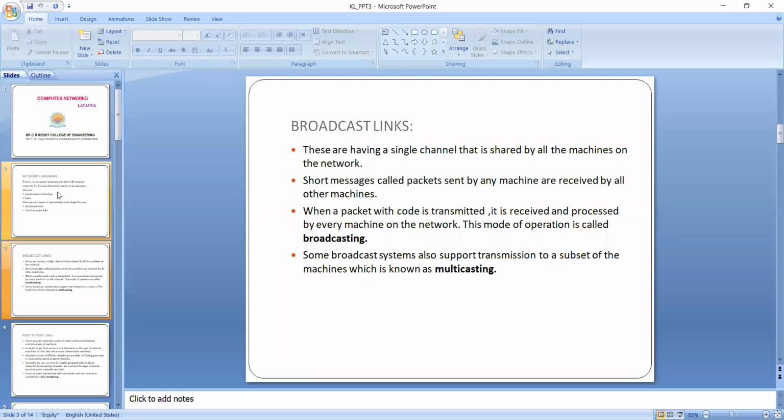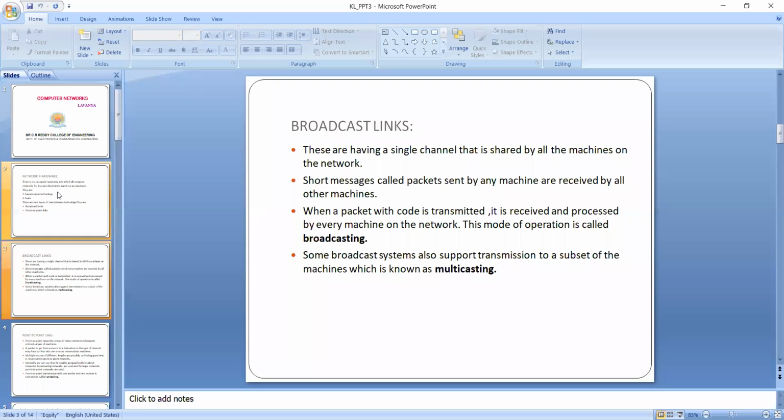Okay, so here the announcement is machine 1 on the network and the passengers in the station are the remaining machines. So who will respond? Those passengers who want to travel in the Konark Express at 3:30 p.m. will respond and move forward to the platform. So that is the example here.